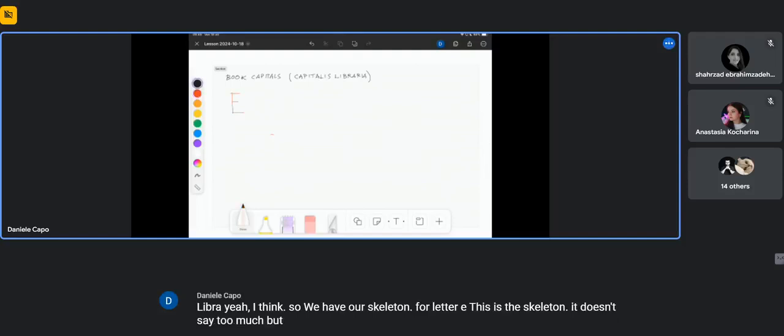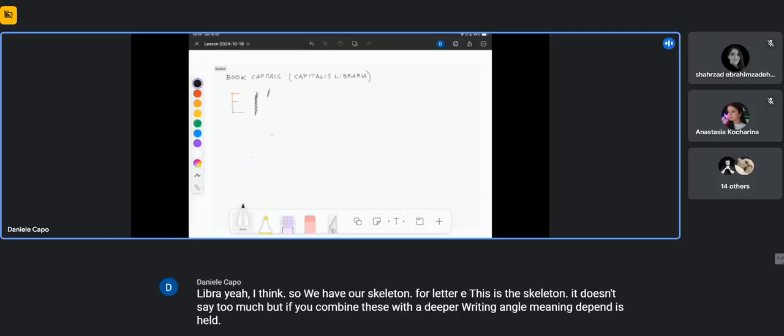But if you combine this with a steeper writing angle, meaning the pen is held like this.